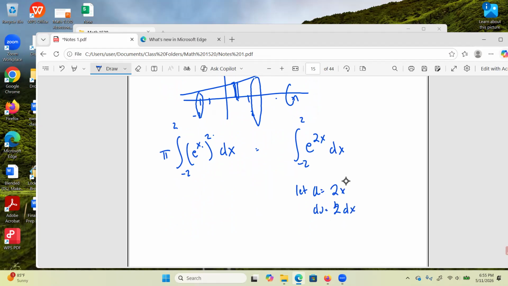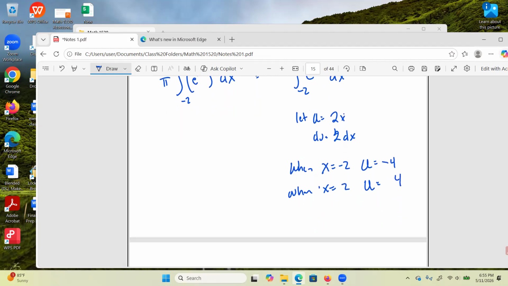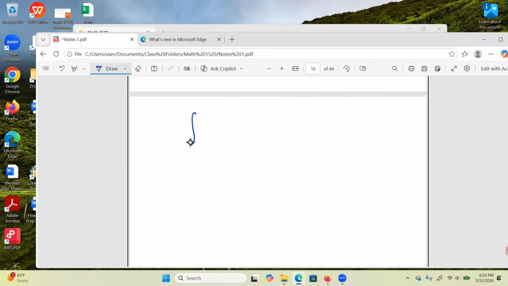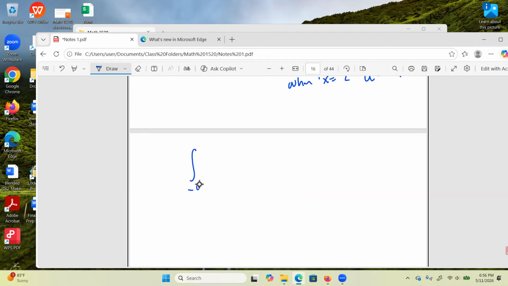When x equals -2, u is equal to 2 times -2, which is -4. When x equals 2, u equals 2 times 2, equals 4. We could change everything into our u world. It doesn't really matter, but we'll go ahead and change everything. So our u's are going to go from -4 to +4.